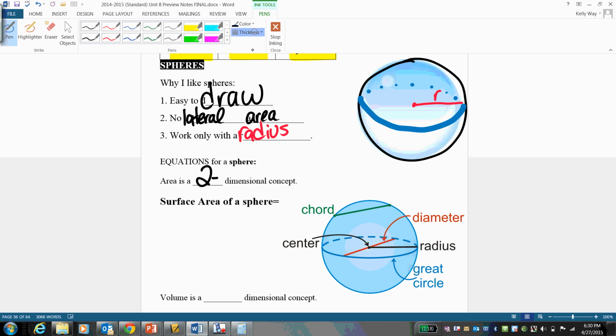Therefore, the surface area for a sphere, you want to write this down. How do you find it? It's 4 pi times r squared. You only square the radius there. That's it. That's the surface area of a sphere, 4 pi r squared.